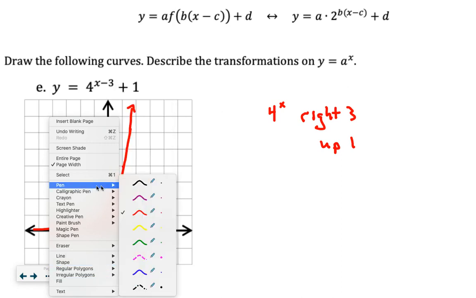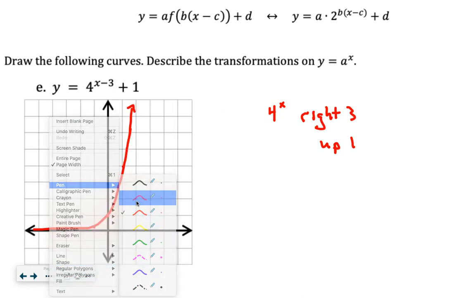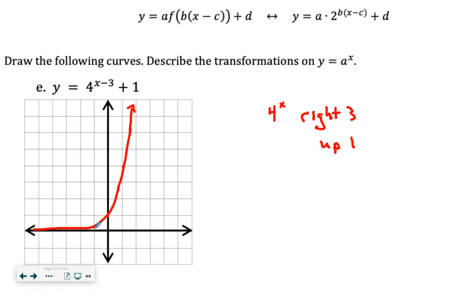So let me just take each of those points that I have already. I'm going to take this point and go right 1, 2, 3, up 1. Take this, go right 1, 2, 3, up 1. Then I can take this one, right 1, 2, 3, up 1. So here is where this graph will be.